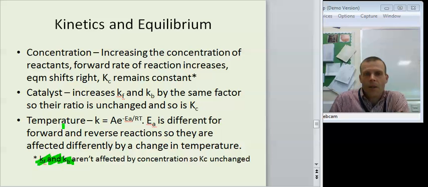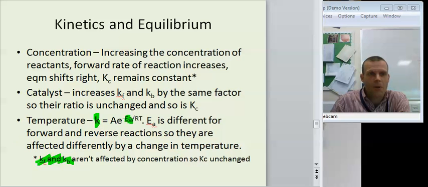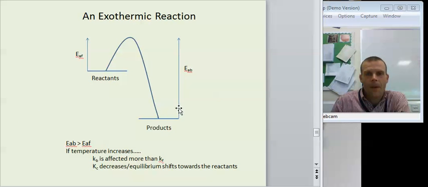And if I change the temperature, because the rate constant is related to the activation energy by this equation here, it's going to be affected differently depending on whether we're talking about the forward or the reverse, because they have different activation energies. So if we're changing this, then it means we're going to be changing the equilibrium constant. If we look at that here, this is an exothermic reaction.